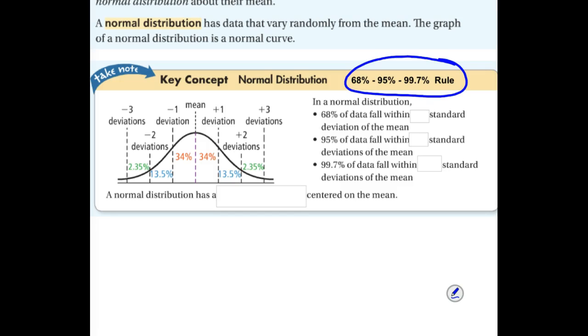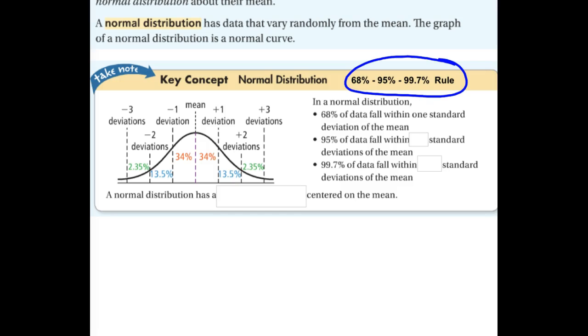And what that means is that 68% of the data fall within one standard deviation of the mean. Do you remember yesterday when we did our number line and we put the little x's above? And then we divided it up, right? We figured out where one standard deviation, 2, 3, and we said all of our data lands within 2 standard deviations. Okay? We're talking today about normal distribution.